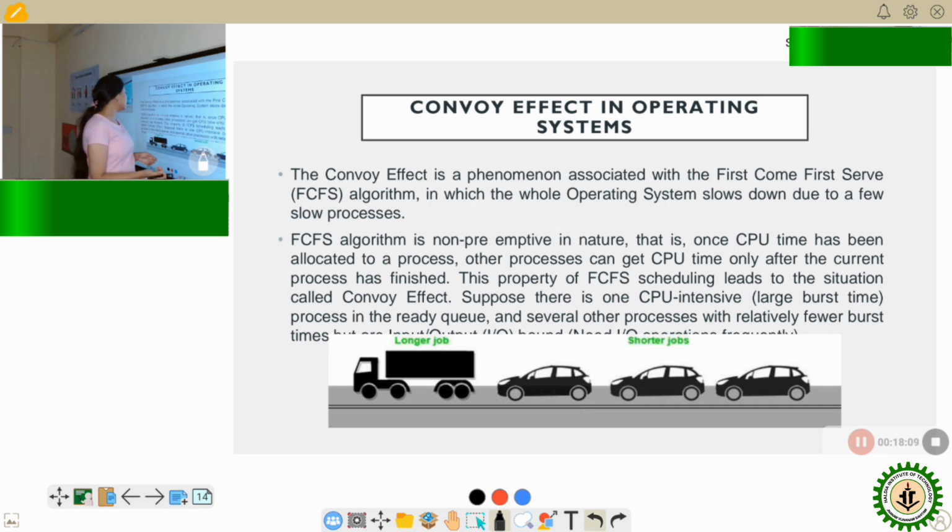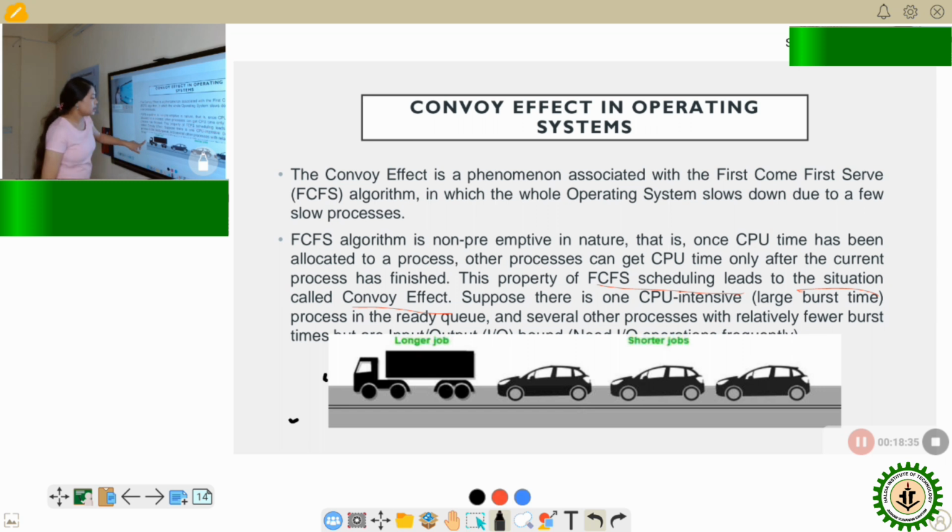So the other processes that have smaller burst times will be executed at the last. The FCFS algorithm is non-preemptive in nature: once CPU time has been allocated to a process, other processes can get the CPU time only after that process has finished. This property of FCFS scheduling leads to the convoy effect.